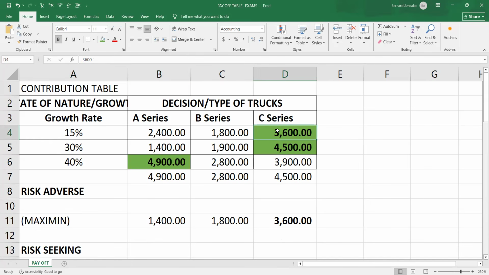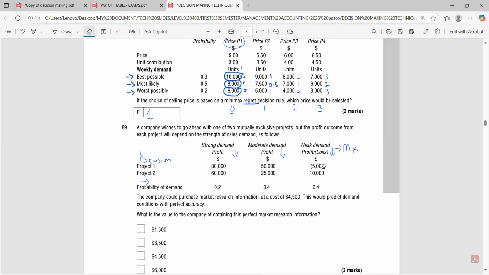Like the question I am just displaying. When you look at the payoffs, are you seeing a negative here? In terms of selecting the minimum, this will be the one I'll select, because negative 5,000 is lesser than 50,000. It's lesser than 80,000. Do you agree with me? Your next question.